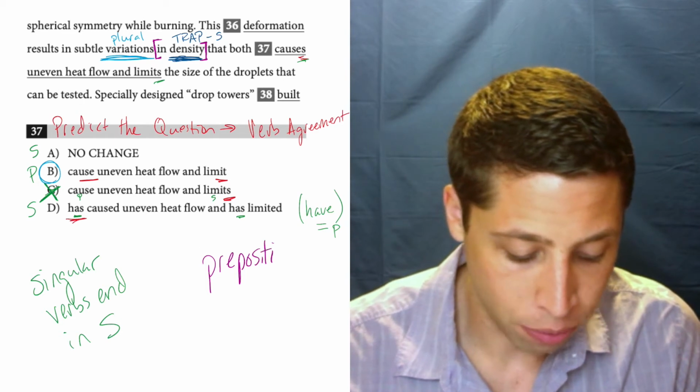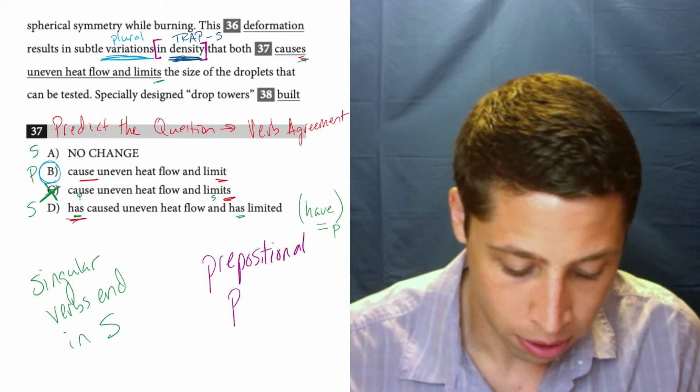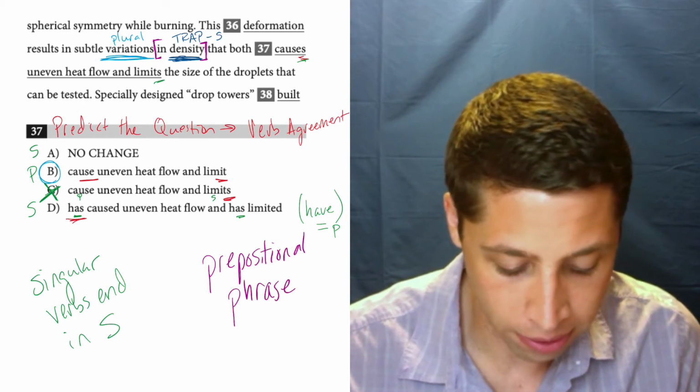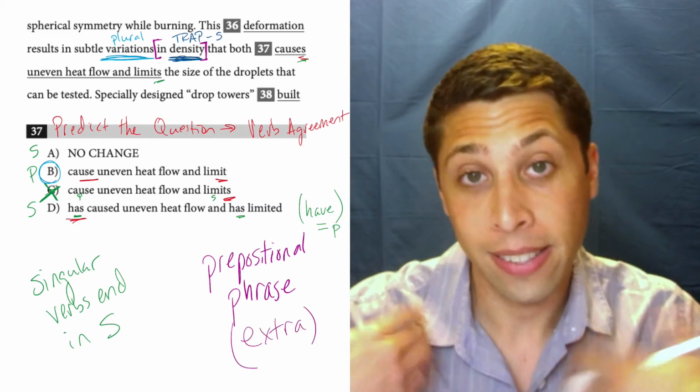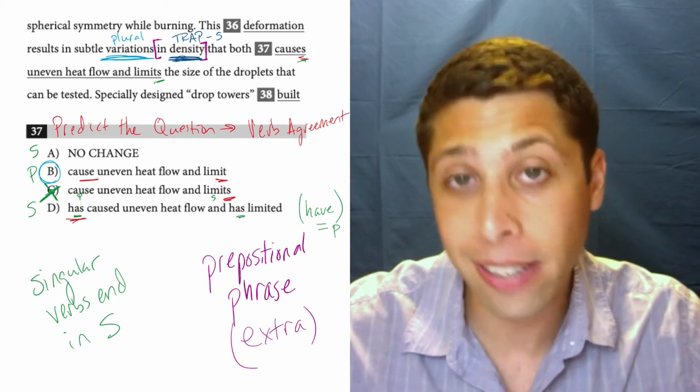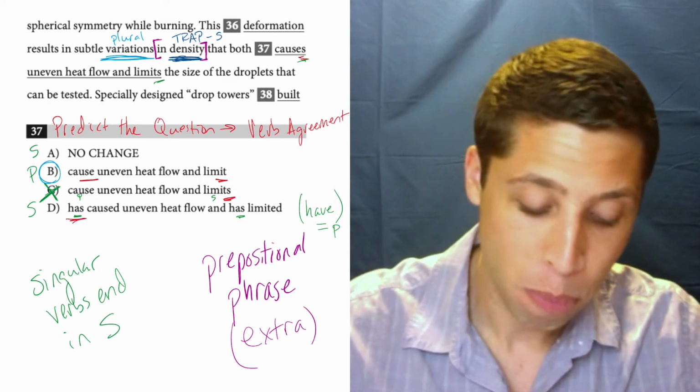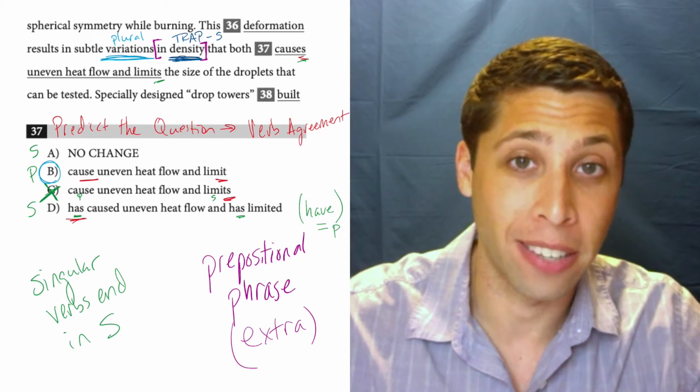And the reason that's important is a prepositional phrase is extra stuff. That's helpful for us to understand the content of the sentence, but grammatically speaking, it's not part of the sentence. It's an extra little clause.